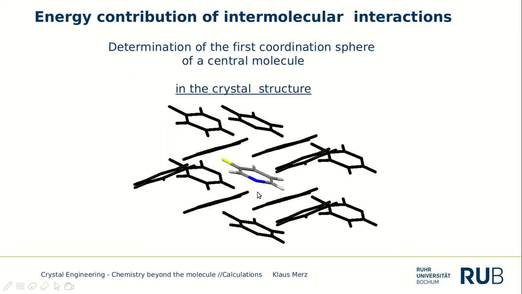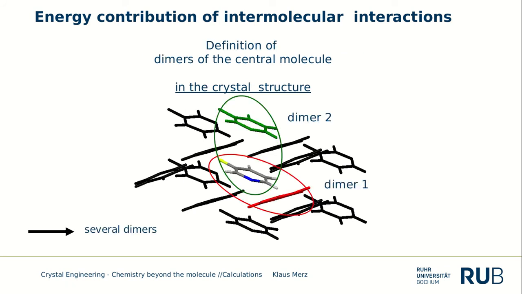Well, an example. This is a screenshot of a crystal packing. There's a central molecule and several neighboring molecules. You can say this is the first coordination sphere of the central molecule. When we define dimers, starting from the central motif, we define a dimer with a green one, for example.